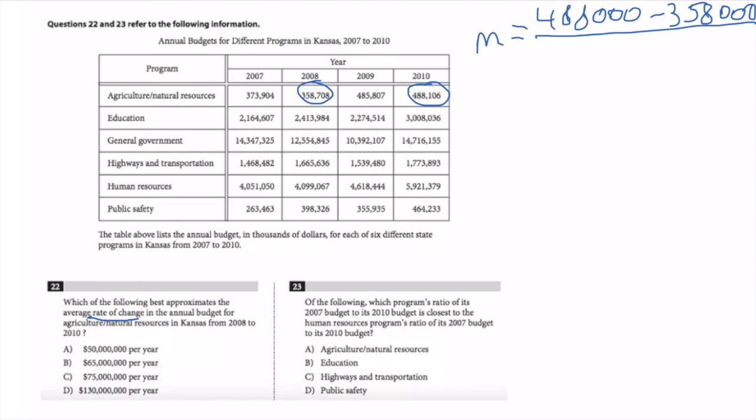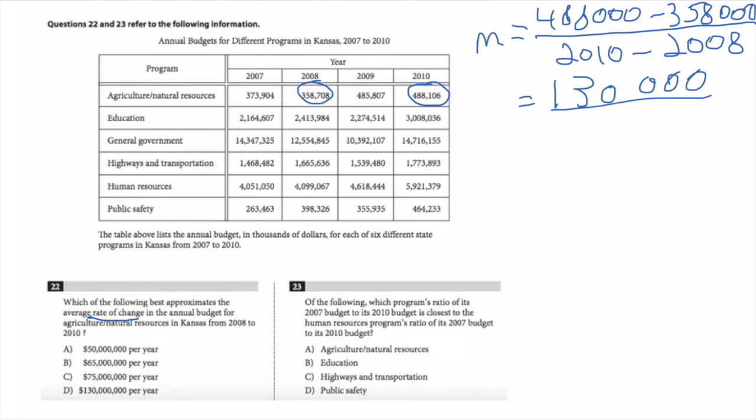Time is always going to be my x variable. So the time here, this is 2010 minus 2008. Okay, so when I do this math here real quick, it'll give me 130,000 divided by 2, which is 65,000. Okay, this is B.